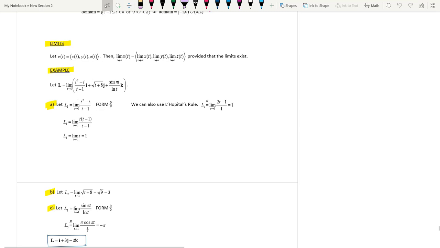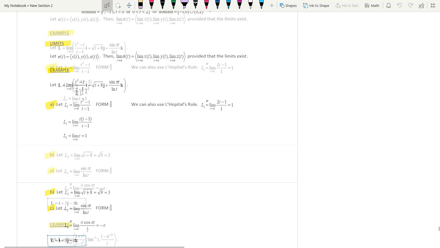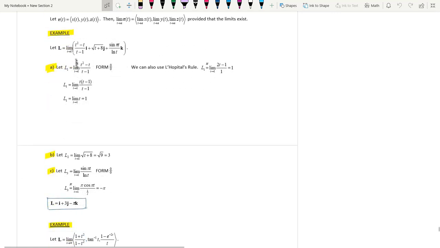In this example, we need to find the limit. So when t approaches 1, the limit of the first component is 1. We apply L'Hopital's rule here because this is 0 over 0 form. And when t approaches 1, the limit of the second component is 3. And when t approaches 1, the limit of the third component is negative pi. We also apply L'Hopital's rule here because this is 0 over 0 form.